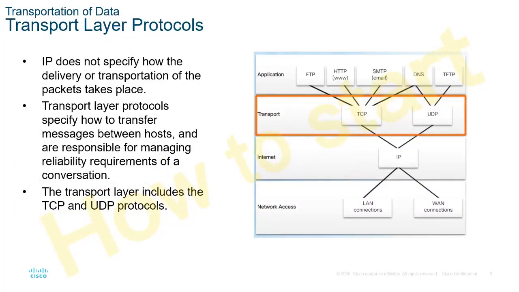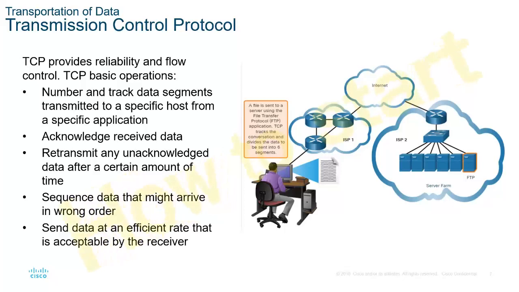So at the transport layer, we have two main protocols, TCP and UDP, Transmission Control Protocol and User Datagram Protocol. Those are the two major protocols. How they operate is slightly different. TCP provides reliability and better flow control.